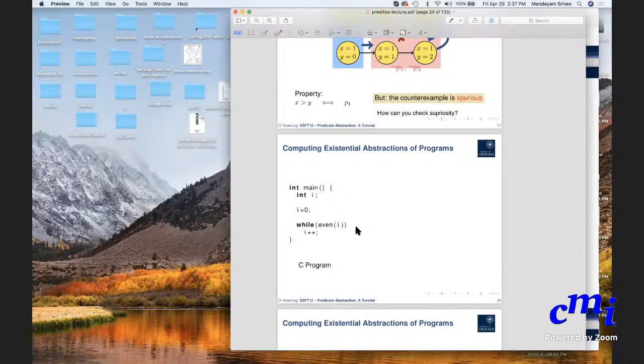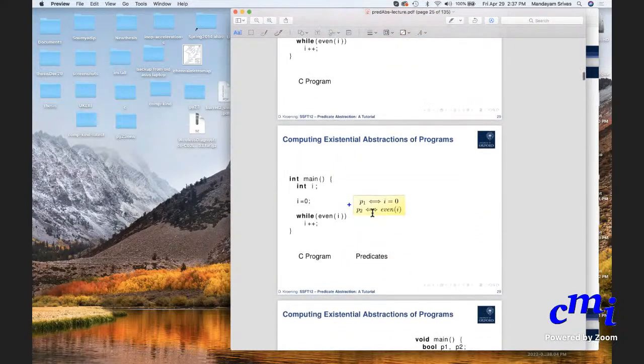So I'll take a software program and see what it means to do Boolean predicate abstraction on this. I will use two predicates: P1, which checks if i is equal to 0, and P2, which checks if i is even or not.